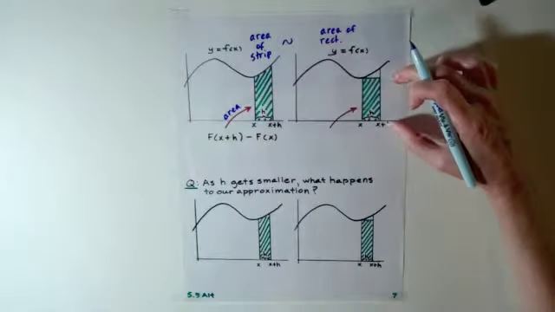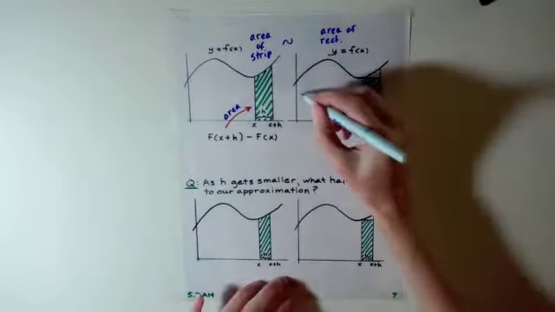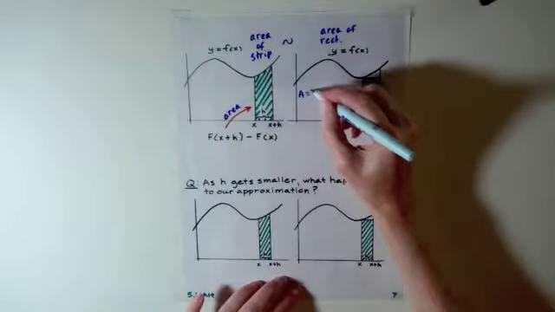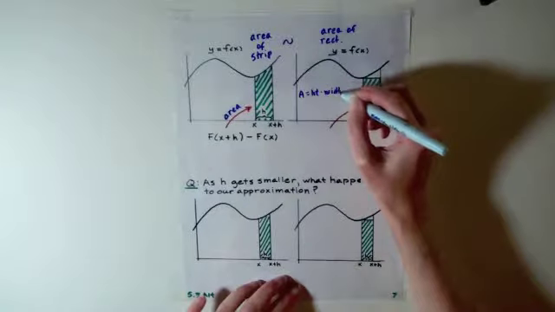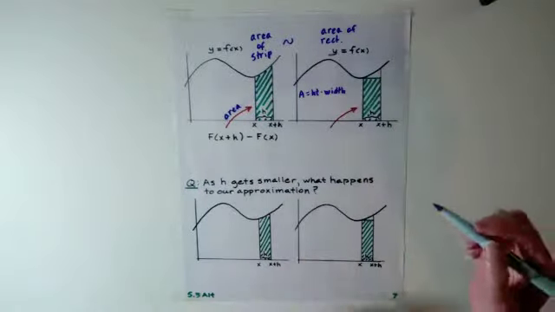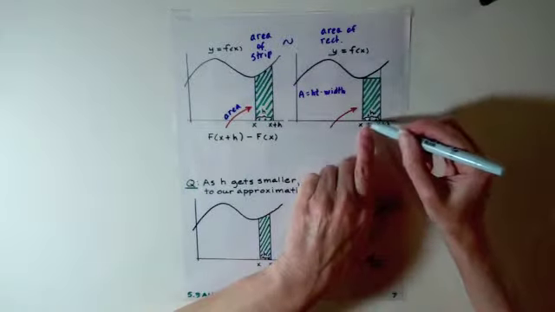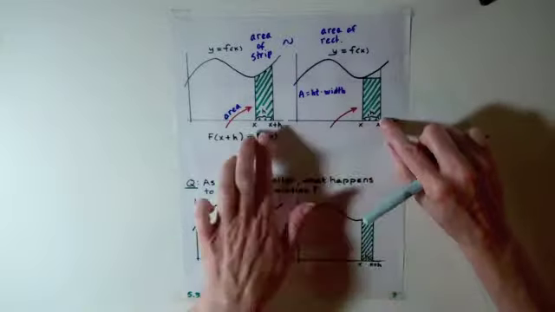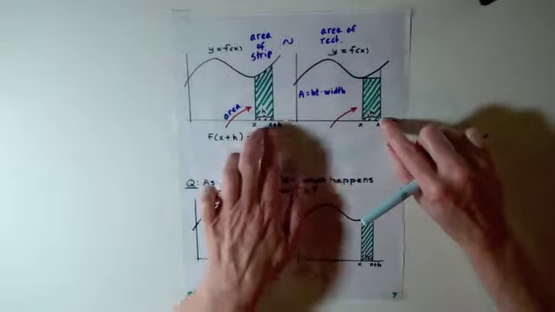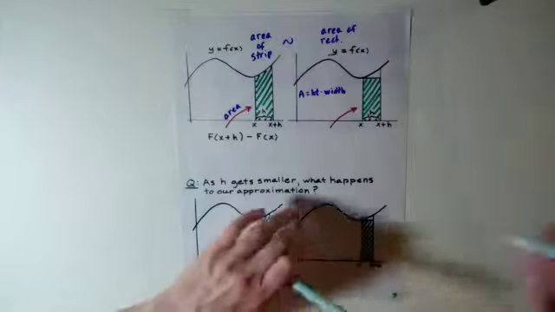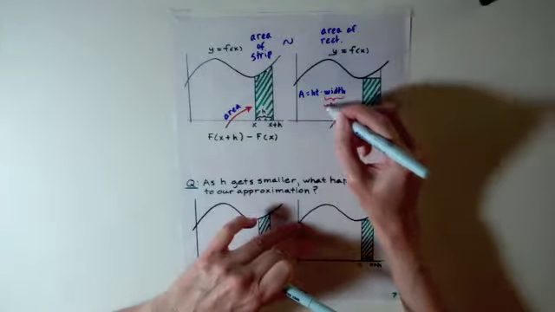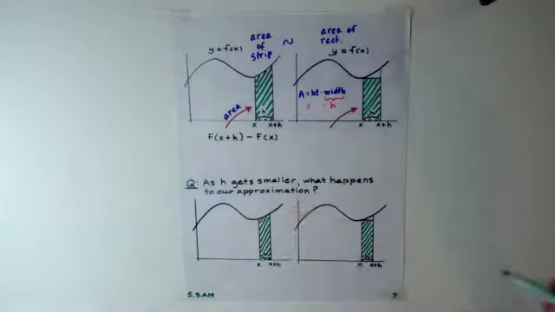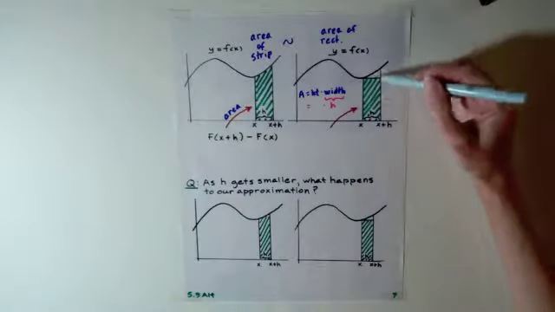Well, what is the area of this rectangle? Well, the area of any rectangle is its height times its width. And I can see what the width of this rectangle is. It's h. I've made it exactly the same as the width of my strip. So the width of this rectangle I can fill in as h. And then to find the area, all I need to do is figure out how high this rectangle is.